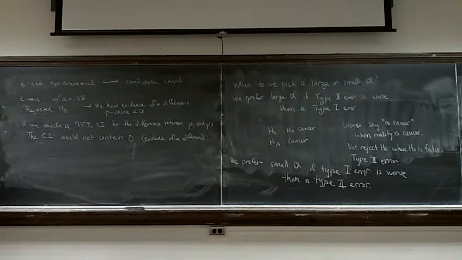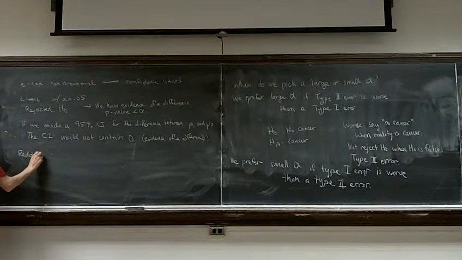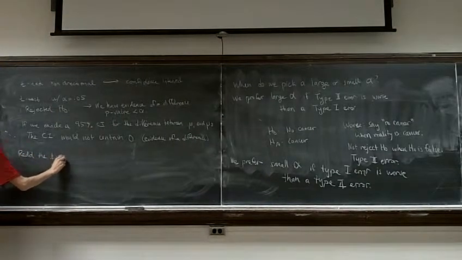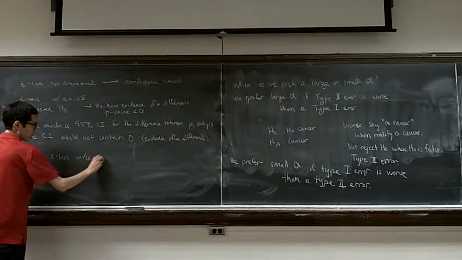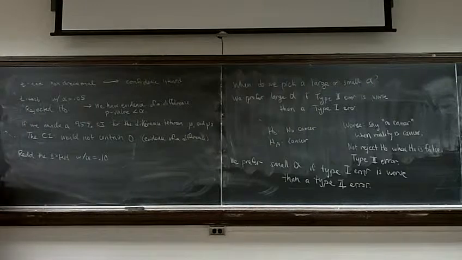If we redid the t-test, this time with alpha equal to 10%, what would happen? Our p-value, is that bigger or smaller than alpha? Smaller than alpha, right? We know the p-value here is smaller than alpha, meaning our p-value is smaller than 5%.